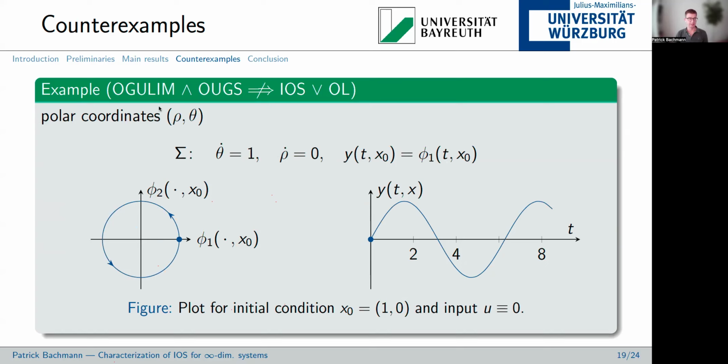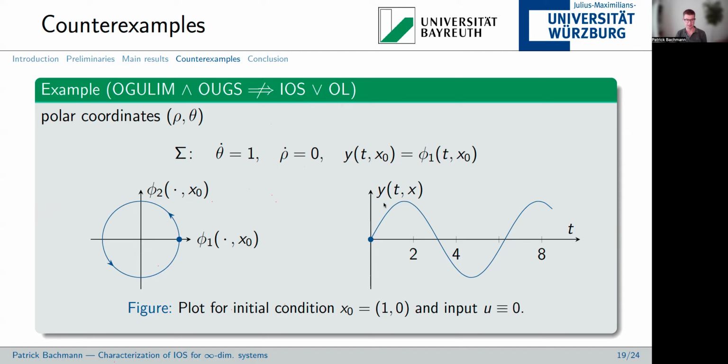Next is that, as I promised, even the stronger weak attractivity property, the output global uniform limit property, and the output uniform global stability do neither imply IOS nor OL. And for this, I have a system in polar coordinates. The system is nothing special. It's just like a rotation. And the output is the first component.